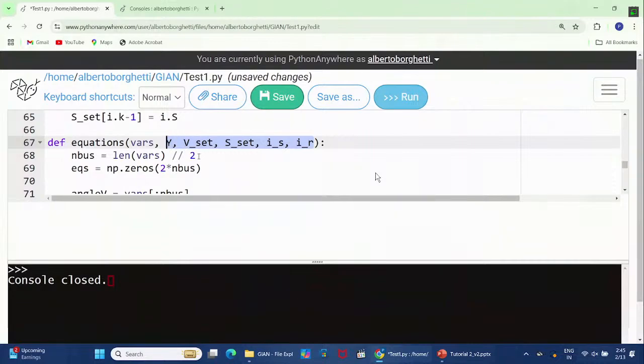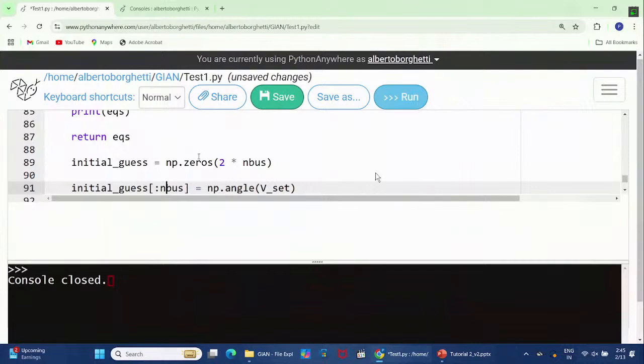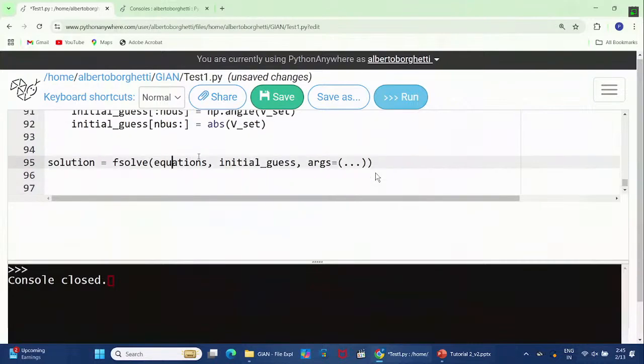You see that I have not put vars, because it is not an argument, it is the variable that is updated by the function, so fsolve. So fsolve solution will be the results, arguments here, I put the arguments here, Control V.